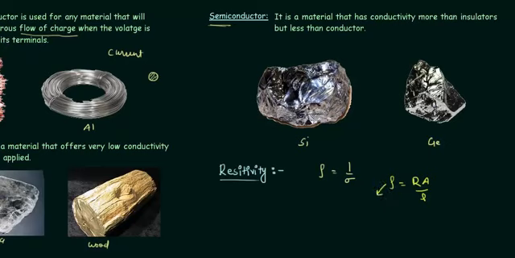This one is the property of material, and for every material it is fixed. And for unit, you can see we have the ohm, and we have a meter square for area, and in denominator we have meter for length.